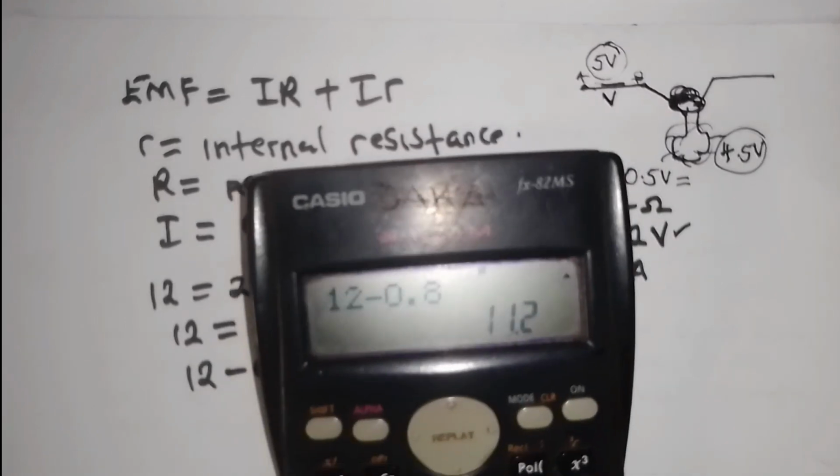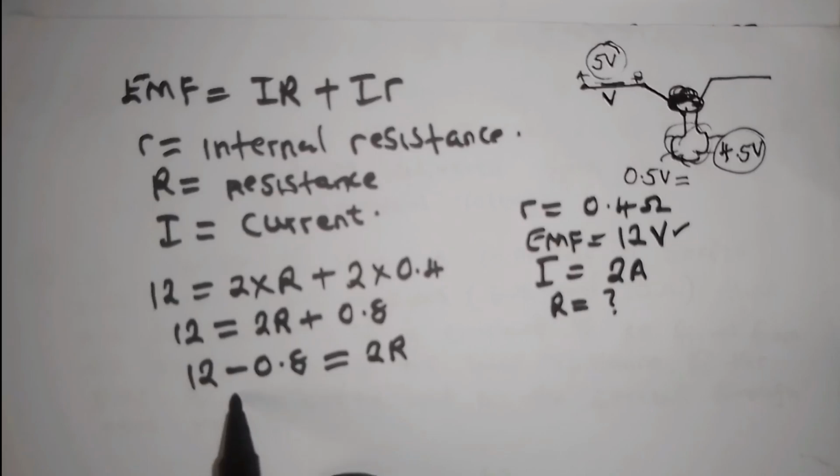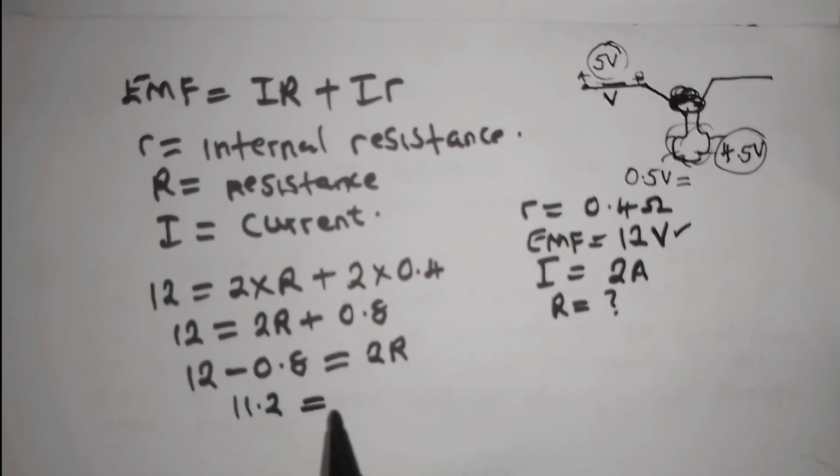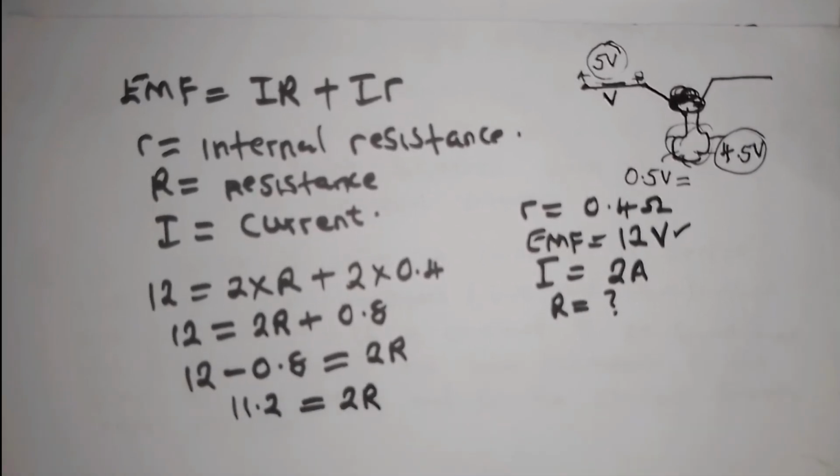So we get 12 minus 0.8, which is 11.2. So 11.2 equals 2R.